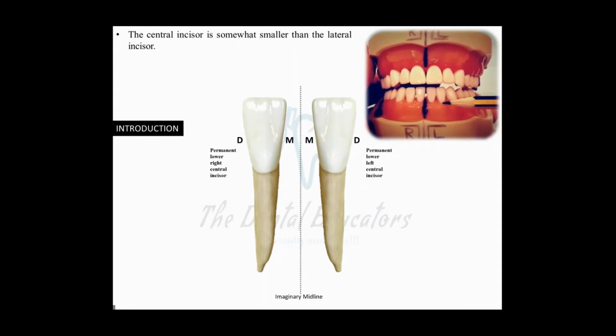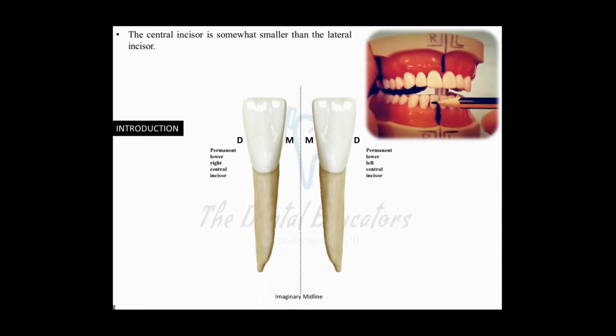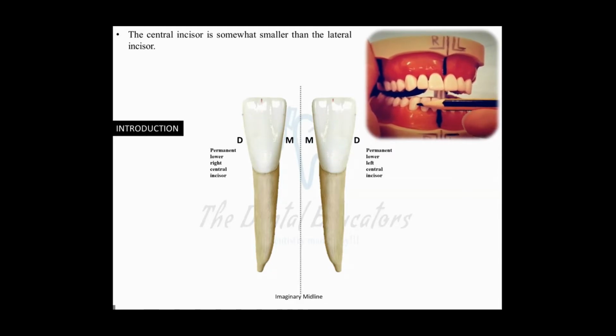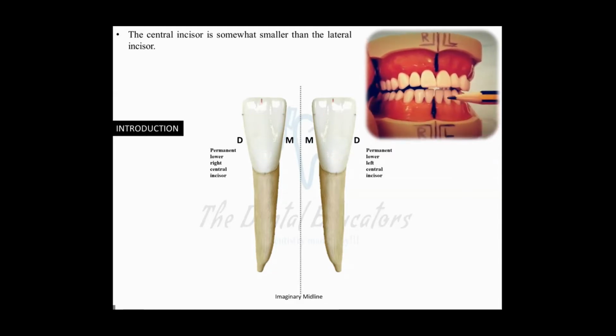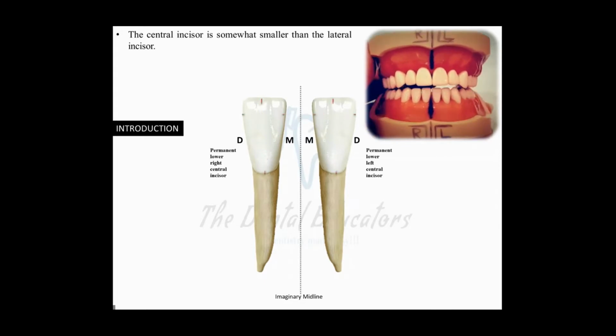Similarly, when you compare the mandibular central incisor of the right hand side, the incisocervical dimension is less in comparison to the incisocervical dimension of the lateral incisor of the right hand side. So the dimensions of the mandibular central incisor, both incisocervically and mesiodistally, are less in comparison to the mandibular lateral incisors.